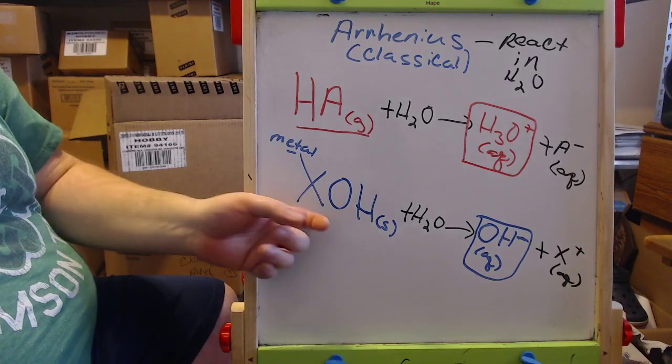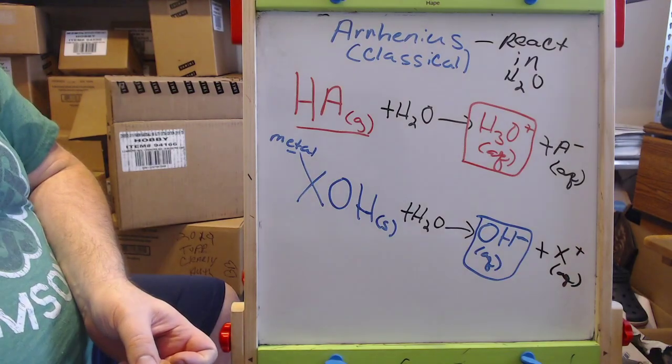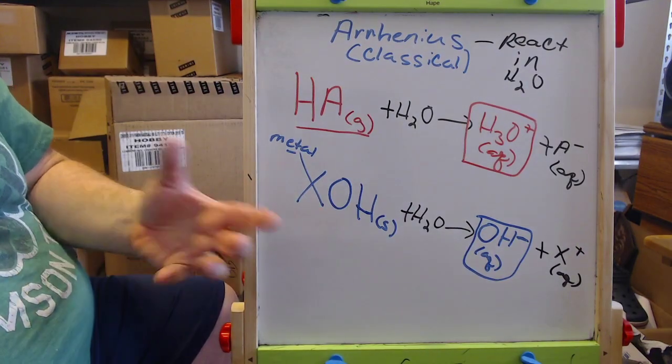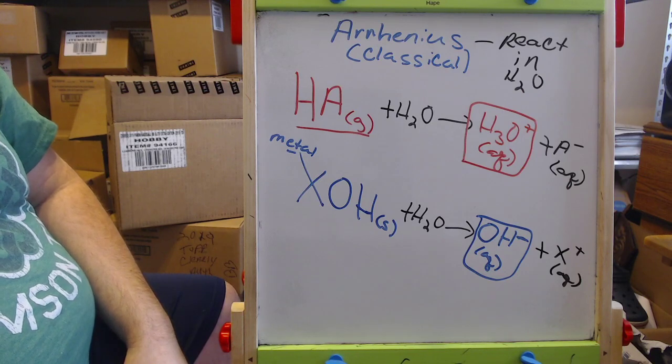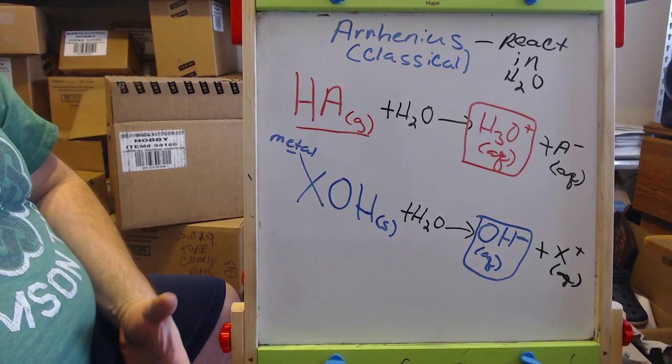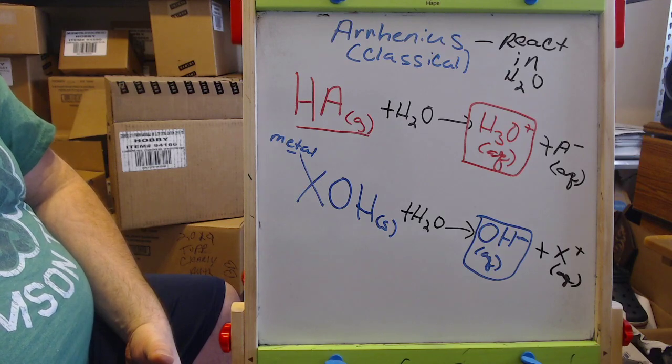So you're talking sodium, any group 1 hydroxide, ammonium hydroxide, calcium hydroxide, your bigger group 2s are soluble in water. So we have our first definition of acids and bases.